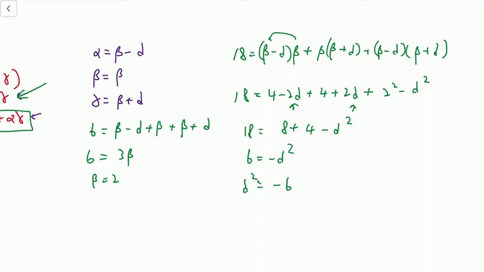D squared is negative 6. And I think this is one of the tricks of this question.